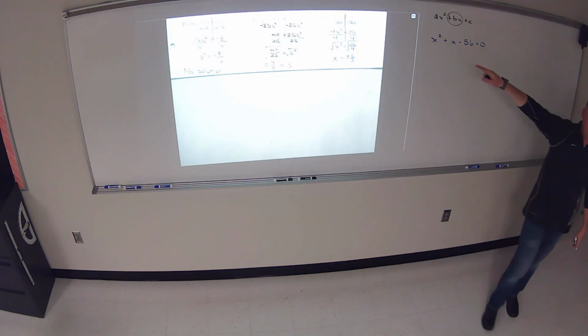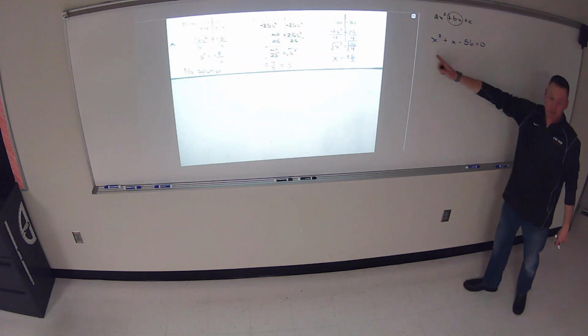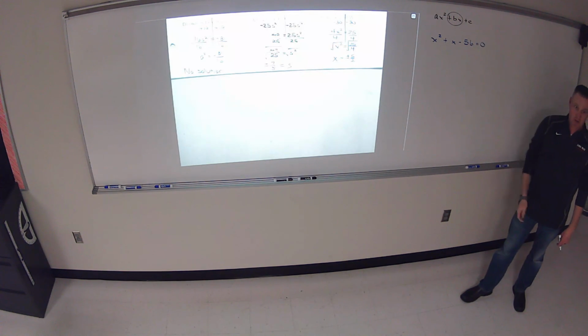Your B value in all of those problems was 0. And in this problem, your B value is 1. That causes issues. Okay? Trying to solve this, I'm not going to tell you that you can't solve this by using square roots, but you don't have the tools quite yet.